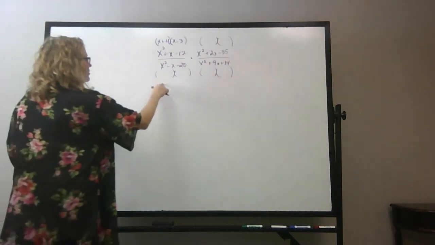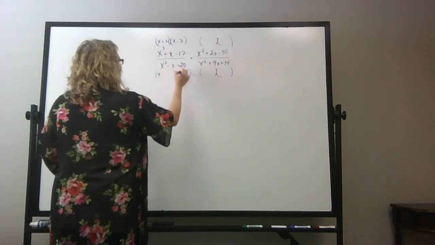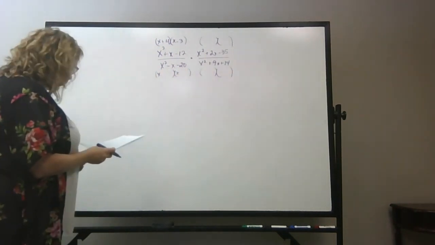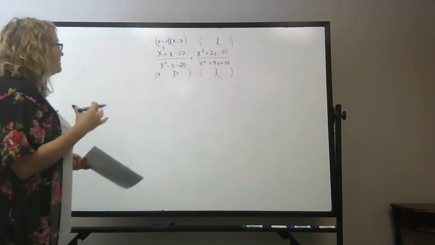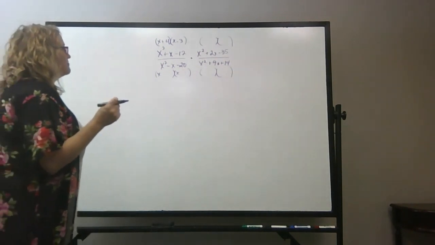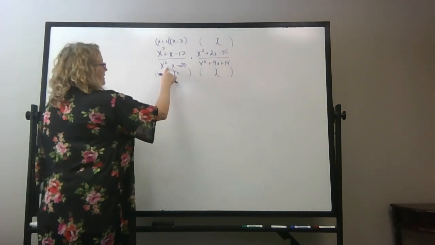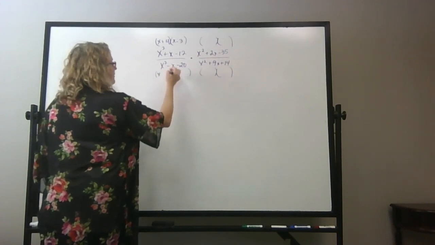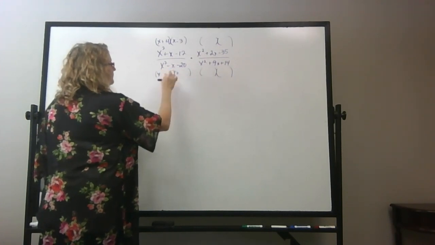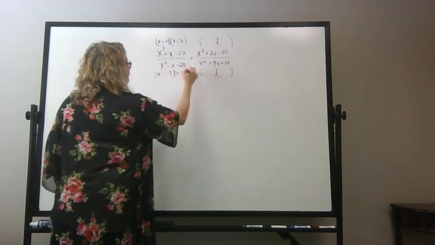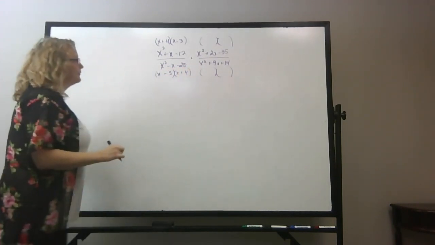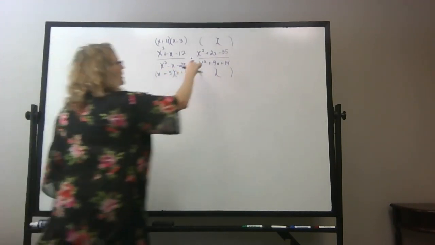All right, so down here, I have my x and my x. I think about the factors of 20 that are going to give me 1, and that's going to be 5 and 4. This right here needs to be negative, so the 5 is going to have to be negative, so it's bigger, and the 4 will be positive.